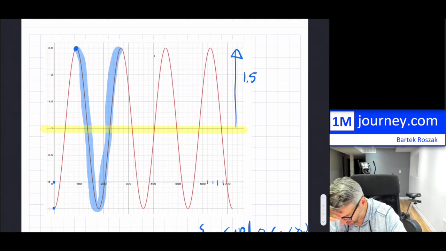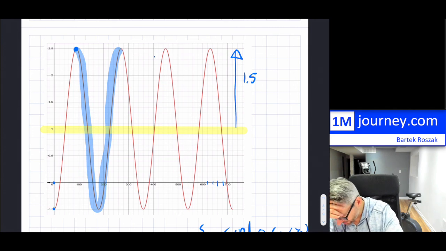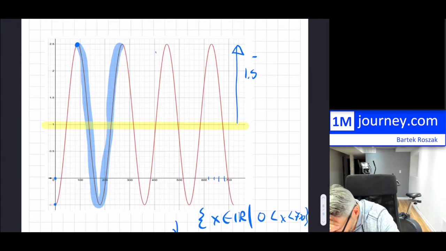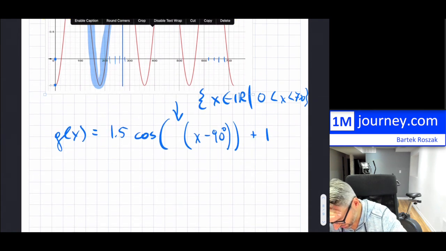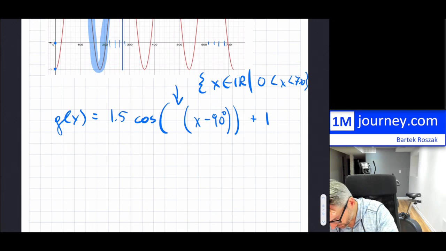Okay, so how much has it compressed? It went from 90 to 270. Okay, so it's 270 minus 90, which is 180.